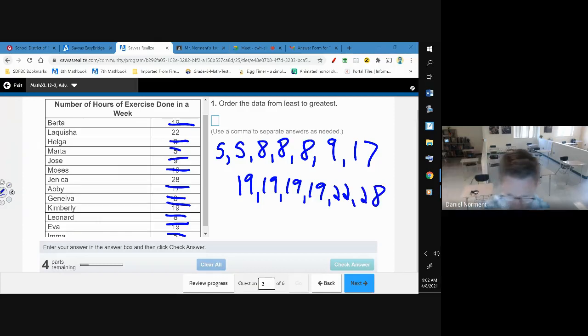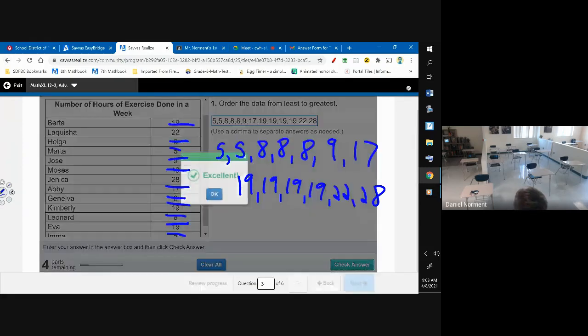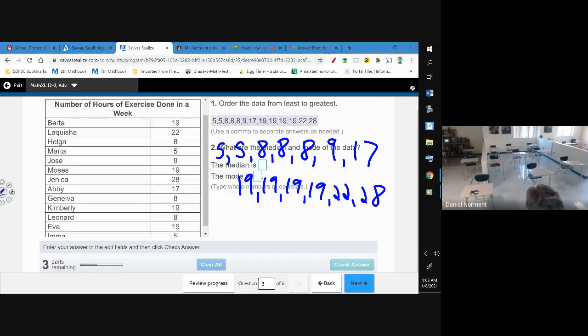So I'm going to put the data right here. 5, 5, 8, 8, 8, 9, 17, 19, 19, 19, 19, 22, 28. Let's check that. That better be right. Okay, good. Ooh, if that was wrong.